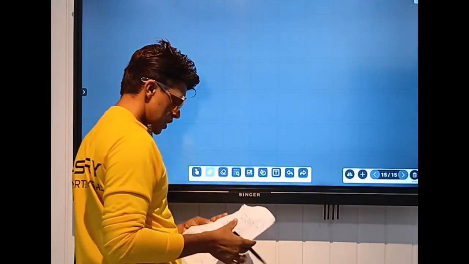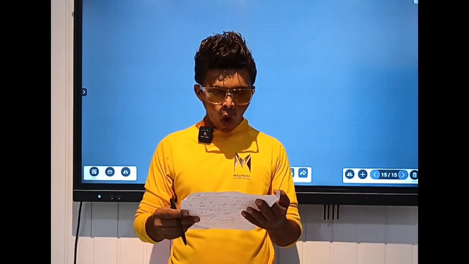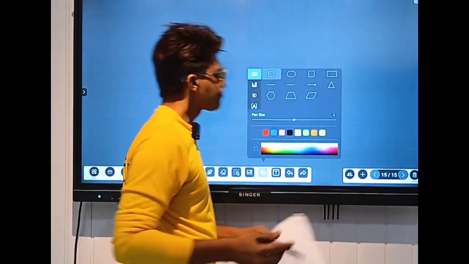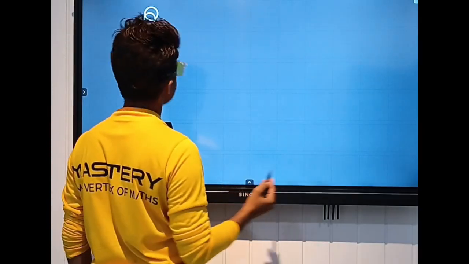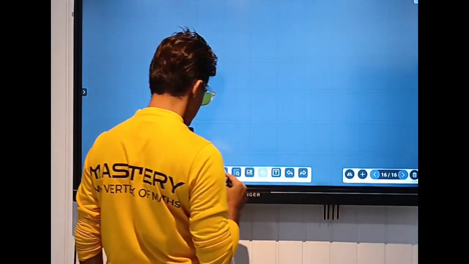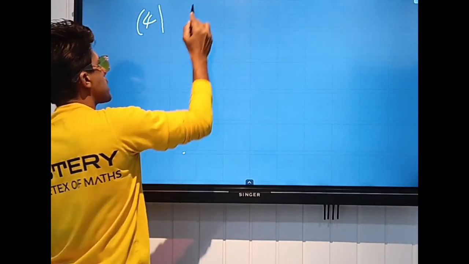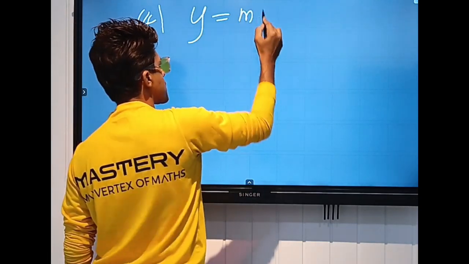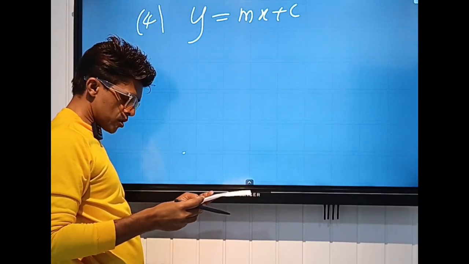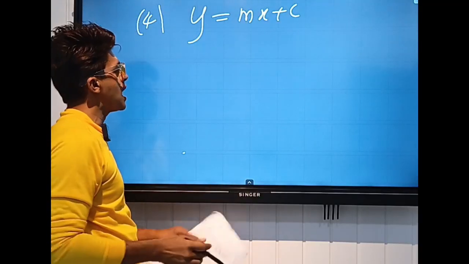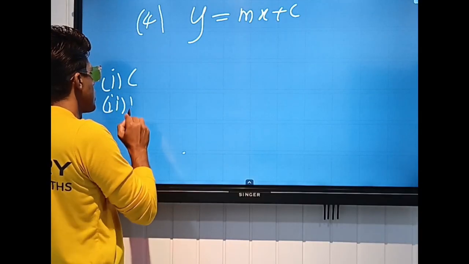Next question, the fourth question of exercise 7.1. It has been given here y equals mx plus c. You need to write the term c as the subject of this formula, and the term m should also be written as the subject of this formula.